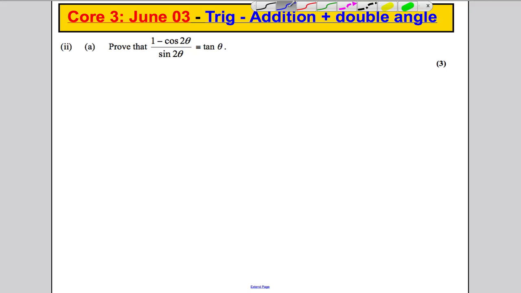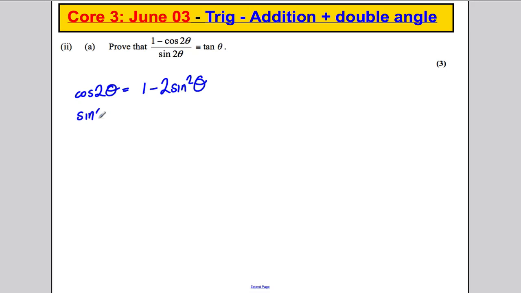Well, we should know that cos of 2 theta by the double angle formulae is equal to 1 subtract 2 sine squared theta. We should also know that sine 2 theta is 2 sine theta cos theta.